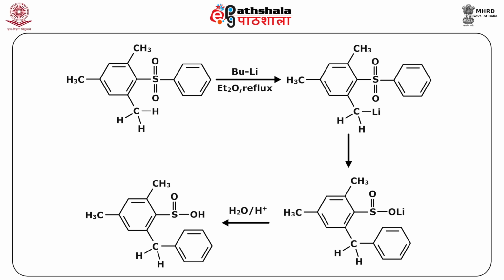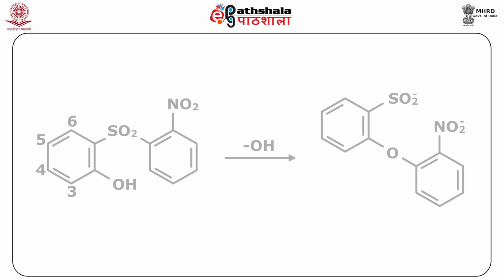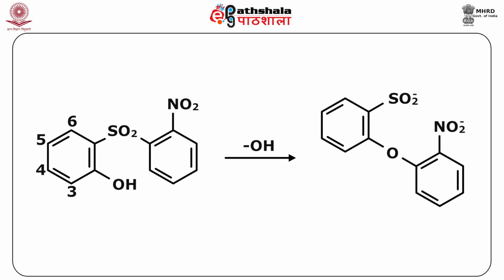Now you can see here how exactly when the sulfone is treated with butyl lithium, deprotonation is taking place and the formation of benzylic lithium compound, finally leading to the product formation. One example of true Smiles rearrangement is shown. Here you can see the rearranged product formed by the strong base, the hydroxide ion in this case.